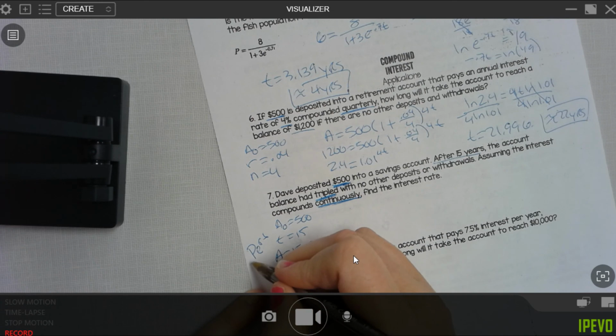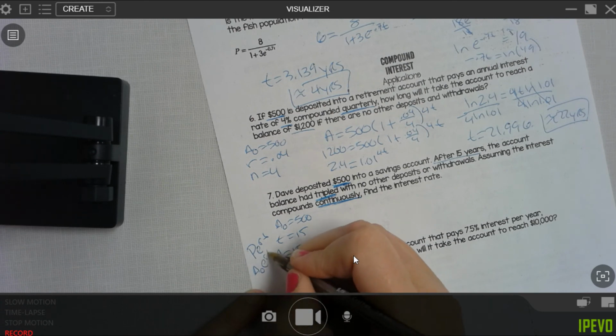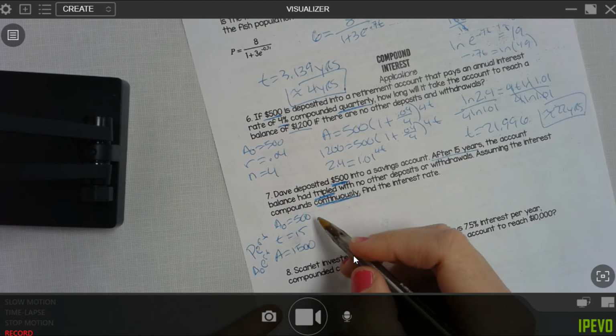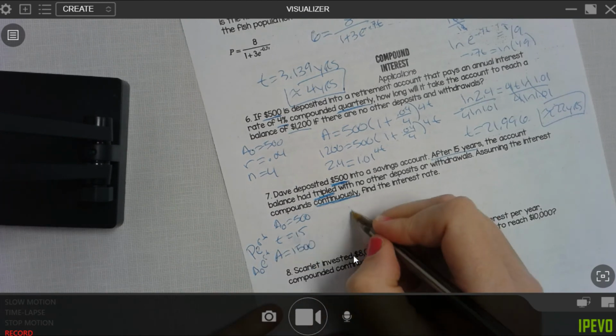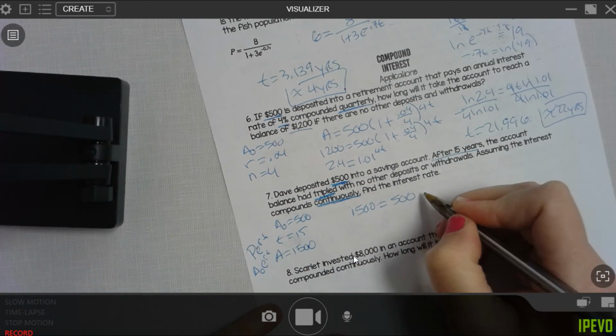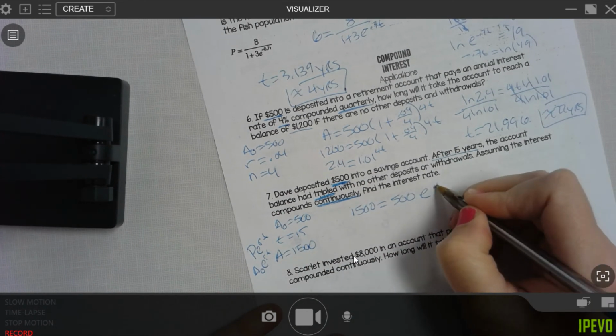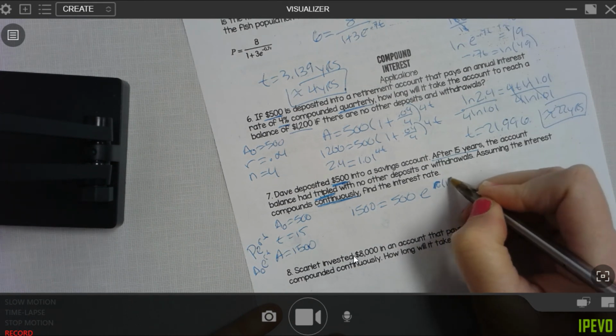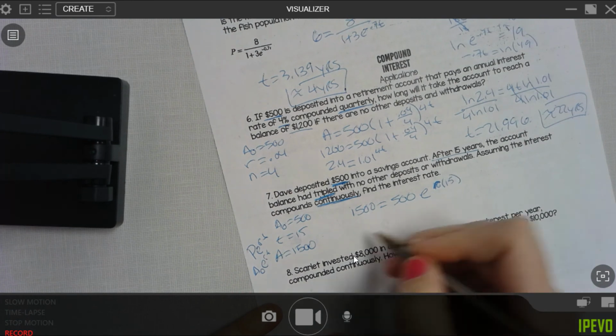I said A naught, I think, on the front. But last year I called it PERT. And so would have most of your algebra teachers probably. So we have our end amount, our initial, E is the button in the calculator, the rate we don't know, and the time is 15 years. So divide that over.